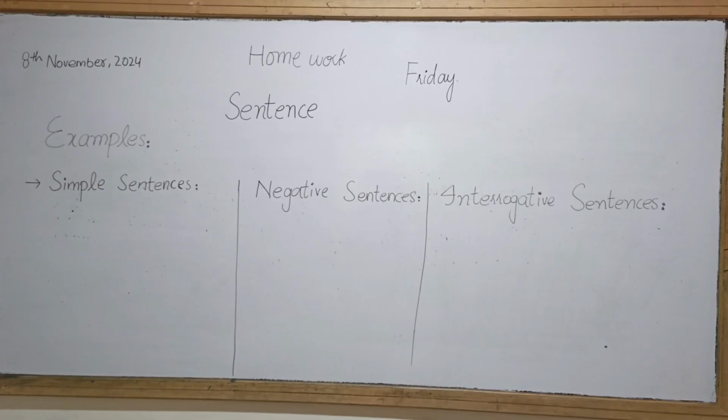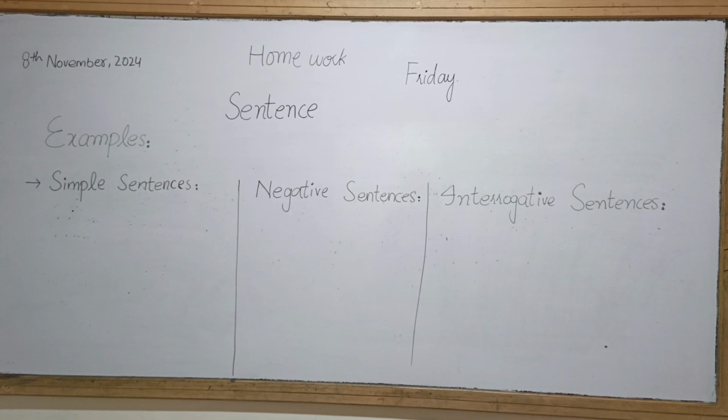So your homework for today is: you have to mention the date and day as you do in your everyday task, and the word homework in the middle. Then you will give the heading of sentence in the first line and then make three sections: simple sentences, negative sentences and interrogative sentences. If you can make three sections on a page and it will look clear, you can.